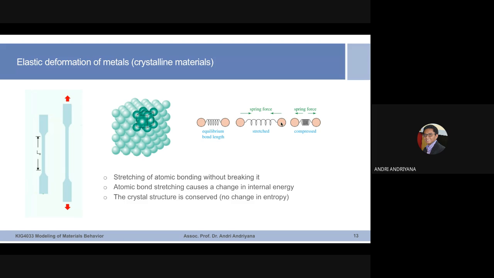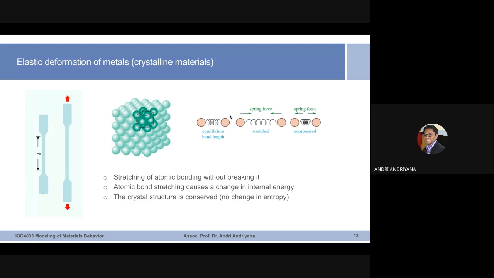Basically, you change the energy, the internal energy. You pull the atoms apart or you compress them, and you modify the internal energy. How about the entropy? Do we change the entropy by elastically deforming crystalline materials? Well, the change in entropy will not be as significant as that of internal energy, because, as you have learned, entropy is a measure of irregularities.